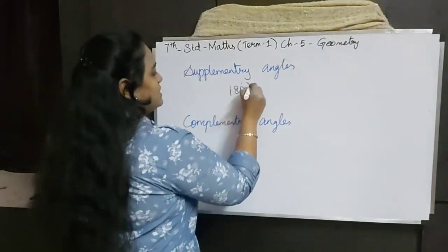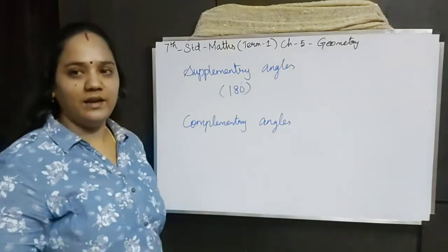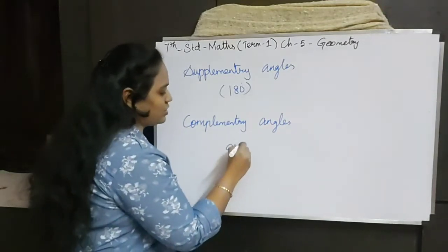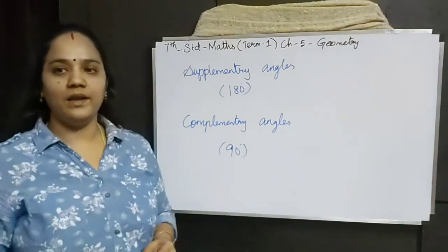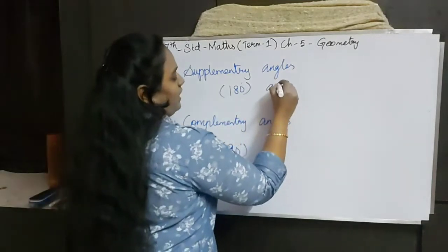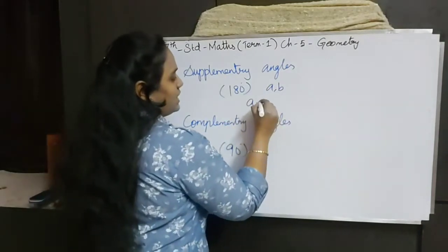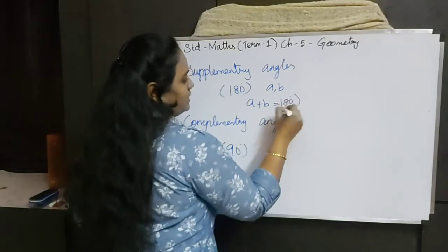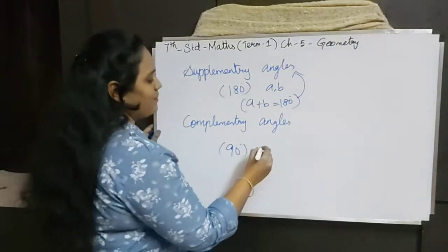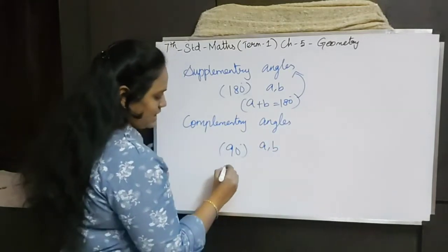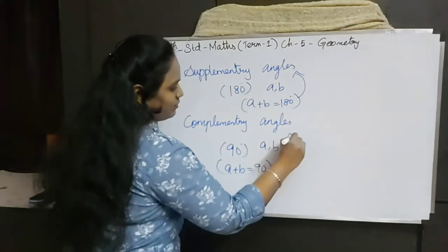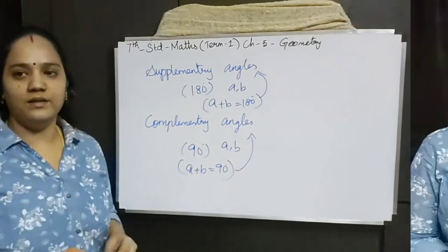If the sum of two angles is equal to 90 degree, then they are called complementary angles. For example, if A and B are two angles and A plus B equals 180 degree, they are supplementary angles. The same way, if A plus B is equal to 90 degree, they are complementary angles.